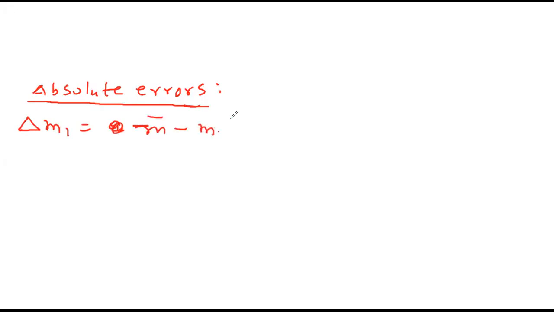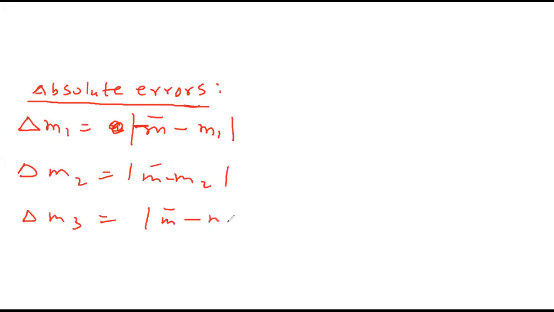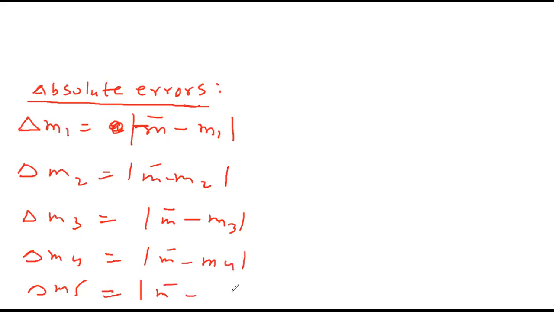So total we have made 5 observations. Difference of each with the most probable value we have to find.